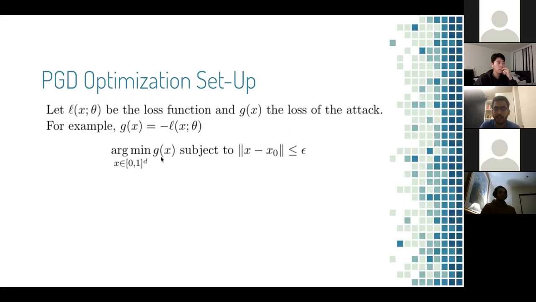But in fact, you could make g of x a different function, and you could also have a targeted attack where you say, if I have an image of a cat, design g of x in such a way that it prioritizes classifying cats as guacamole. So depending on how I choose g of x, I can also have a targeted attack that can basically increase the probability of just one single class.